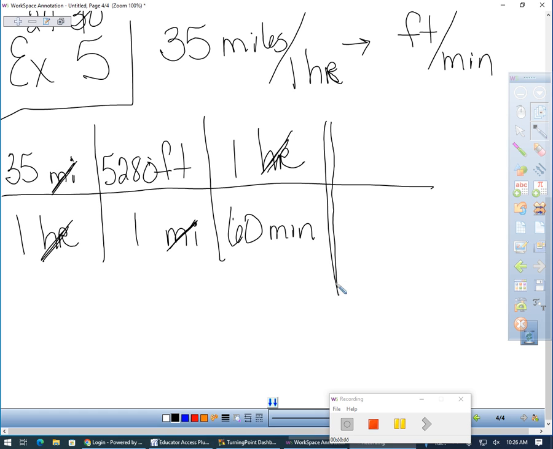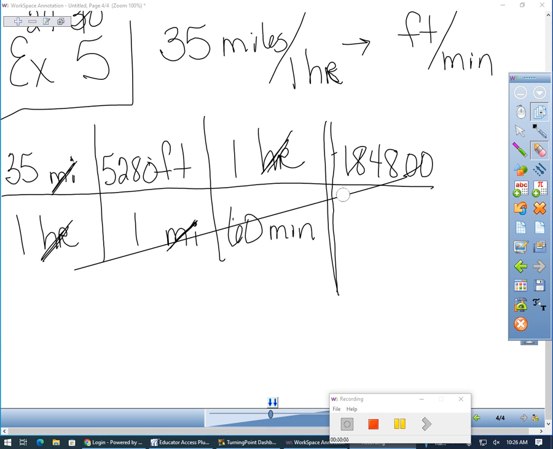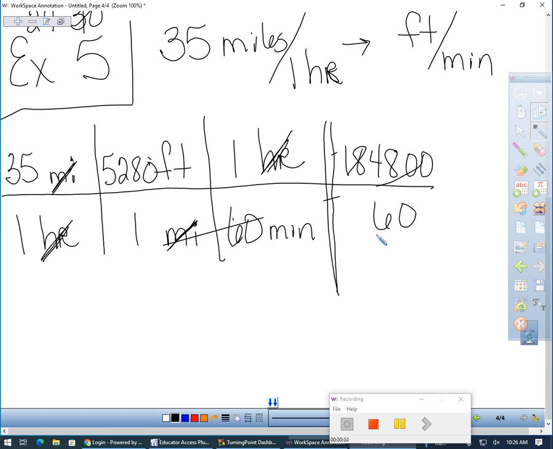So we're going to multiply across the top. So 35 times 5,280 times 1 is 184,800. I'm going to multiply across the bottom. 1 times 1 times 60, so I have 60 down here, and then we have to divide.